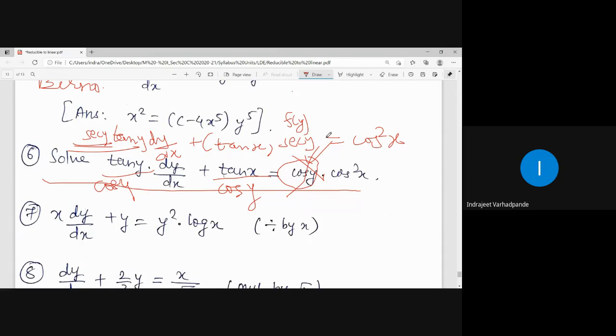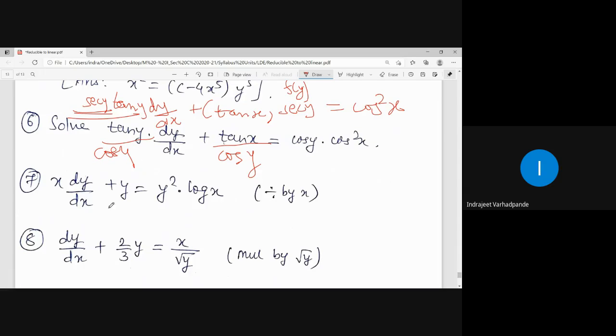Is it okay? Yes, sir. Note it down everybody properly. The hint is written. So for each and every example we are discussing and giving you the hint so that further simplification will not be difficult for you.